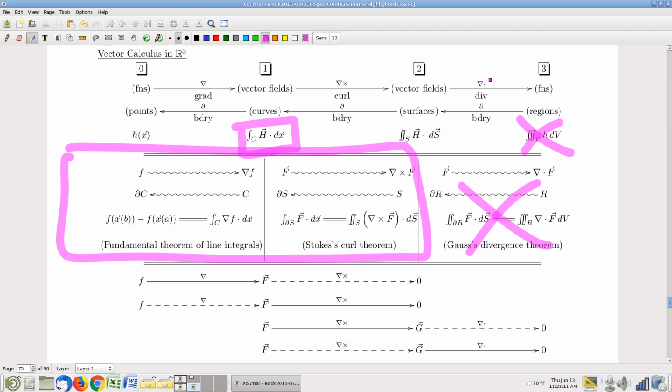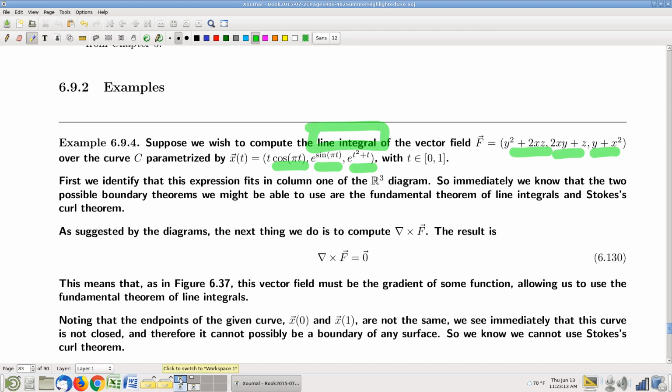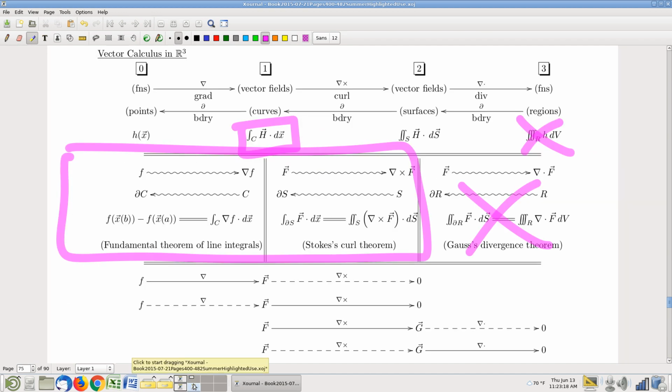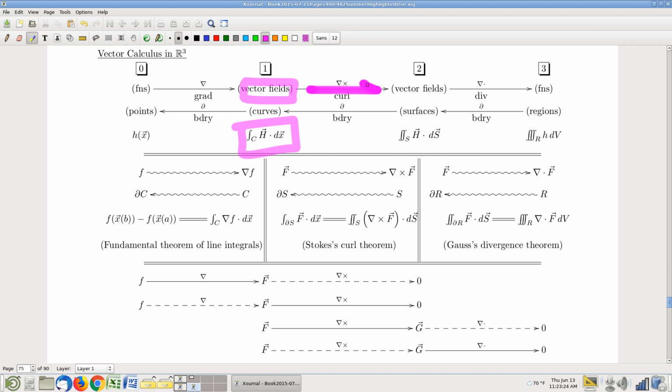Let's see, going back here. Now, what do we do? Diagram, what should I do? Well, I'm looking at a vector field of which I'm computing a line integral. I should compute the curl. I'm just following the instructions of what the diagram tells me to do.